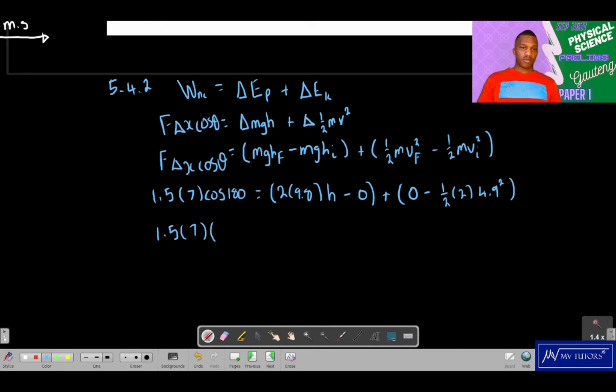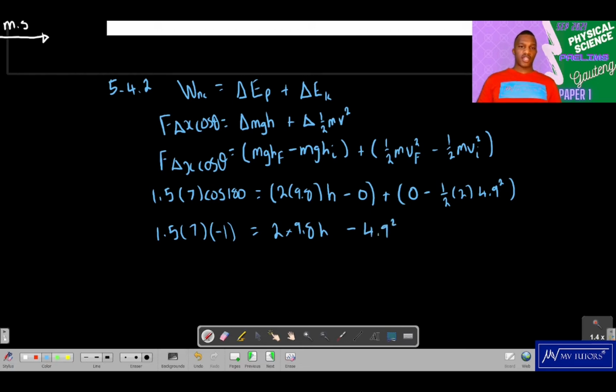So I'm going to put minus 1 here. And then 2 times 9.8 h. I don't know it by head, so I'm just going to put 2 times 9.8 h. And then here I have minus, well, these halves cancel each other, so I'll have 4.9 squared.